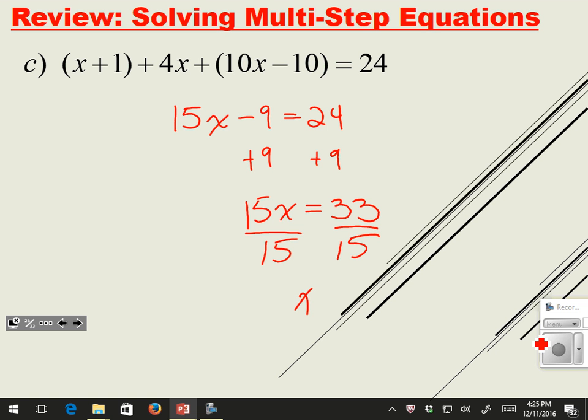And x, I'm going to help you guys out with this. X is then going to equal 2.2. Okay. I hope you guys got that.